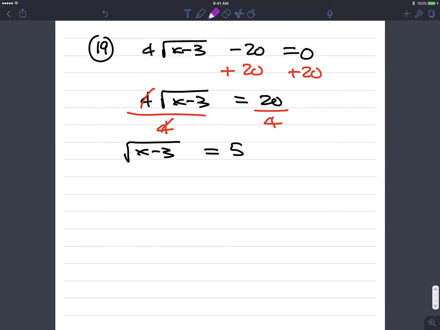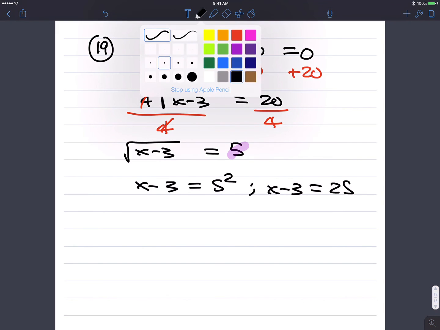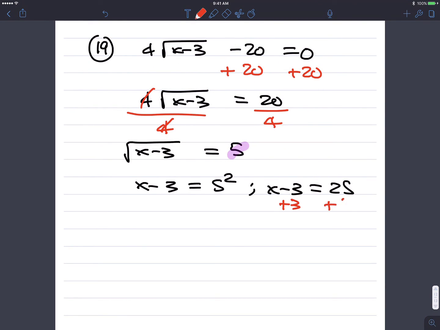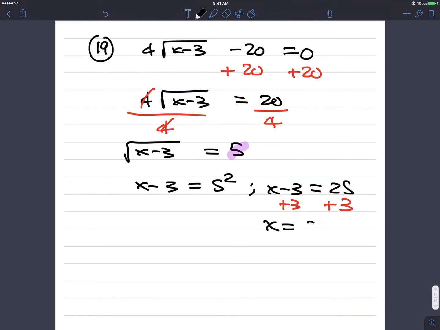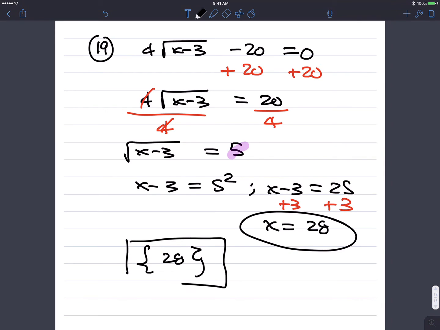This 5 here is a non-negative number, so that means x minus 3 will be 5 squared, or we say x minus 3 will be 25. Let's add 3 to both sides, and I get x equal to 28. 28 is the solution set, and that's number 19.